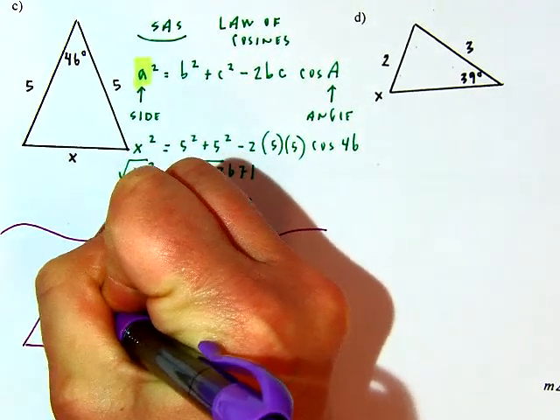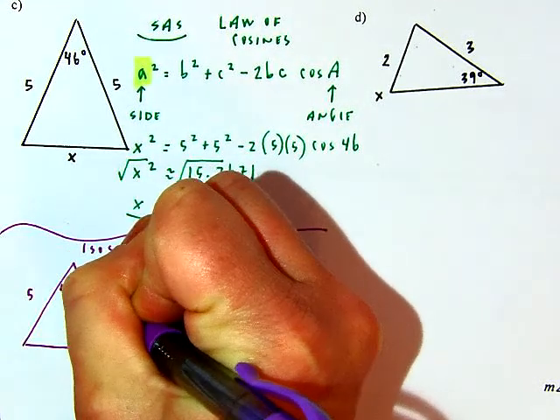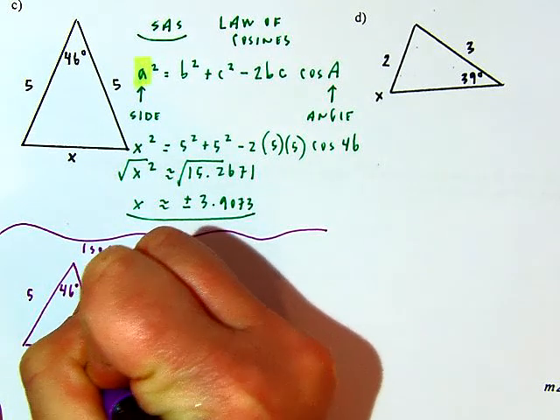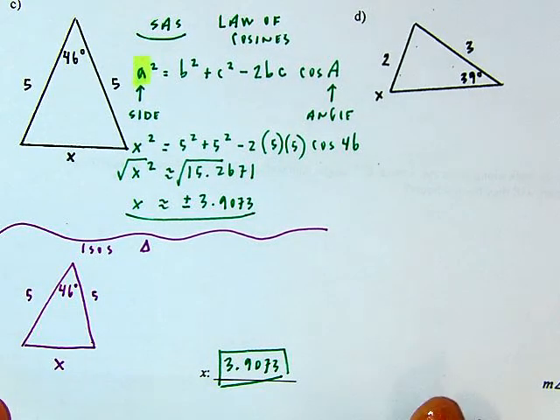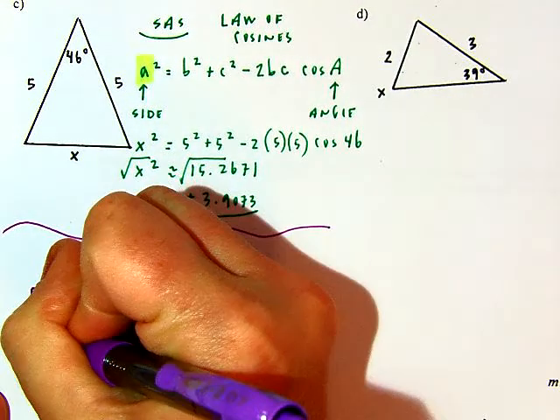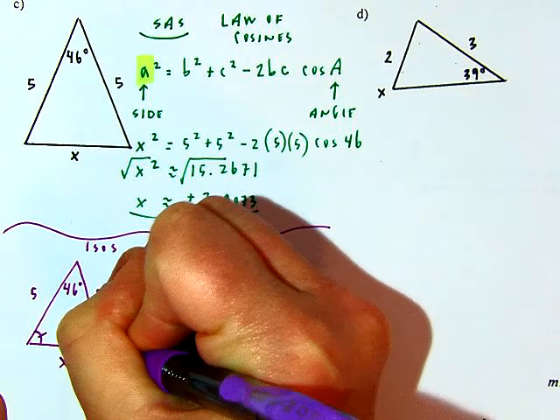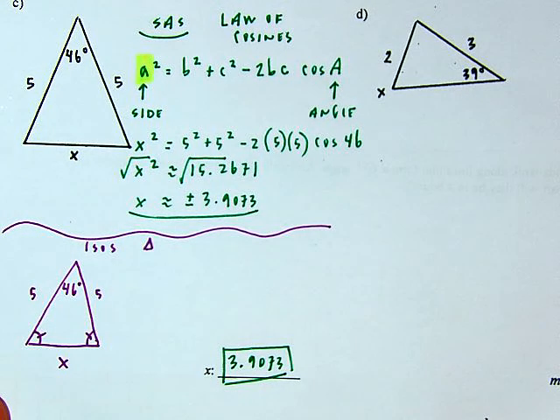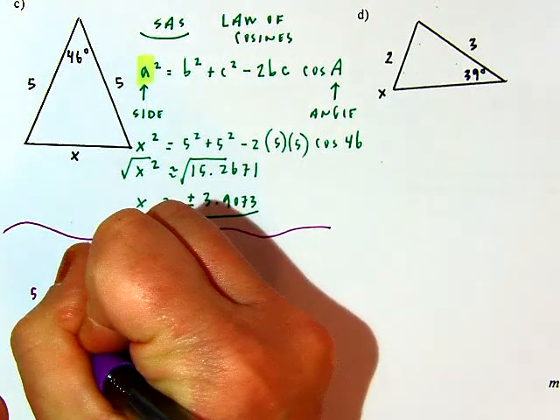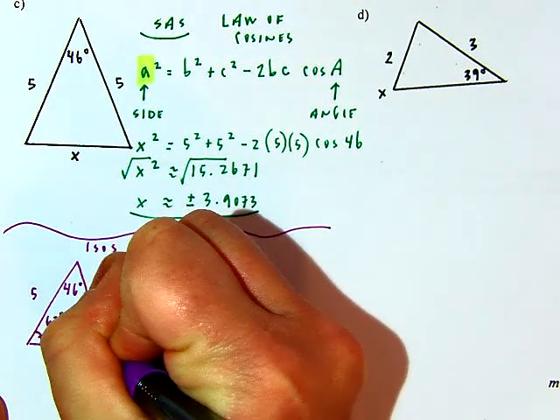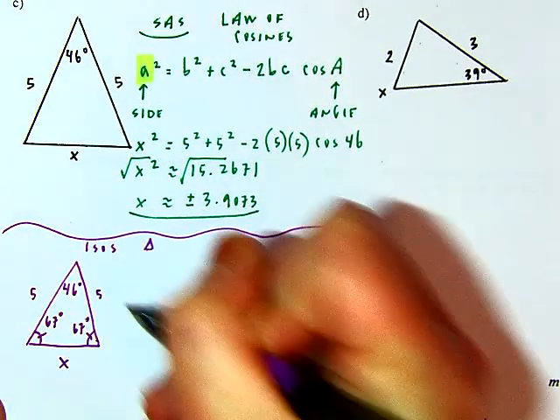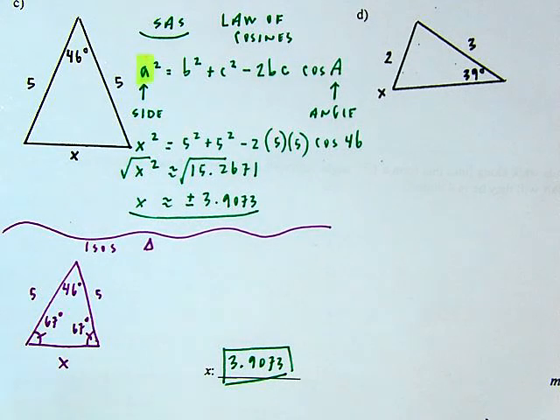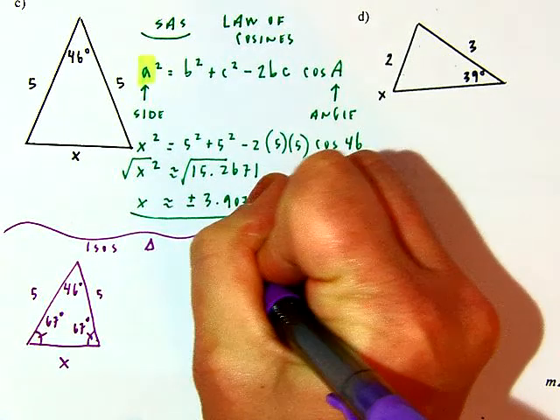Here's 46, here's 5 and 5. I ultimately want x. Those 2 base angles have to be the same, so all I'm doing is taking the remaining 134 degrees and splitting it 2 ways. So this would be 67, and this would be 67 degrees also. So then I have an angle with an opposite side, and I could use the law of sines.